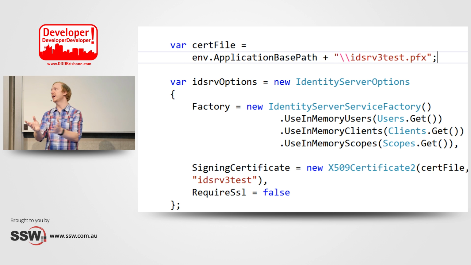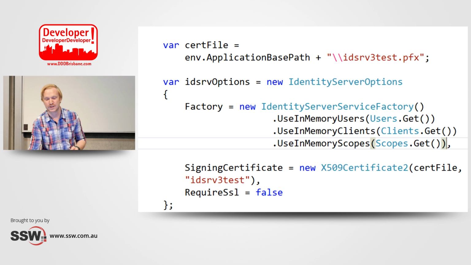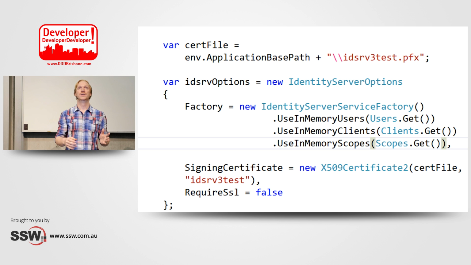We're pointing to a PFX file, which is simply a certificate file, to say, use this file when we are signing our tokens. Okay? And then we're setting up a few identity server options. For instance, I'm setting up a factory. This factory pattern lets us set up things for user management, for scope and client management, and so forth.